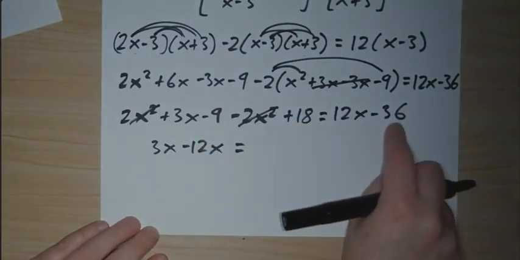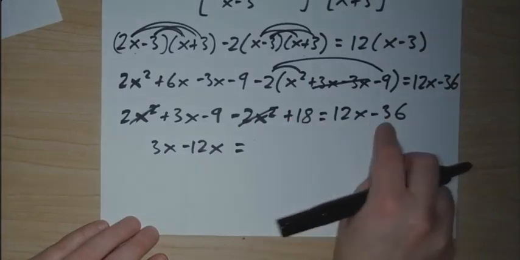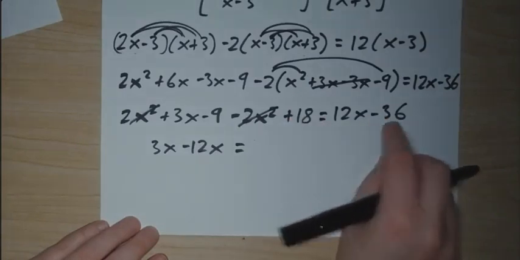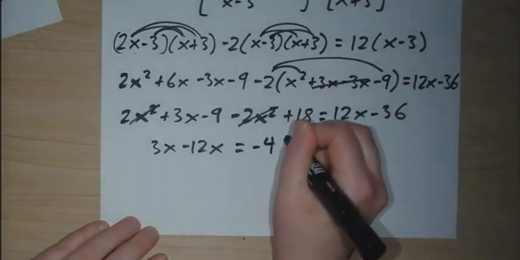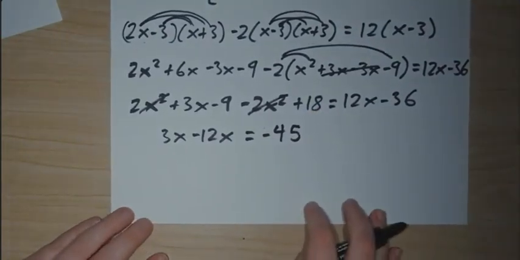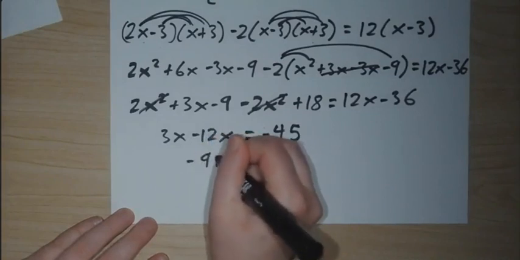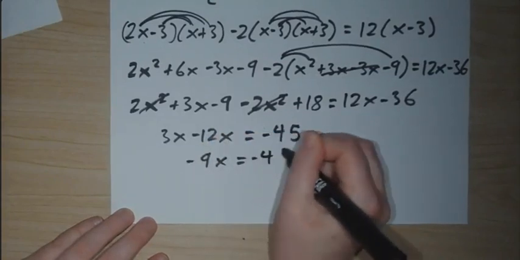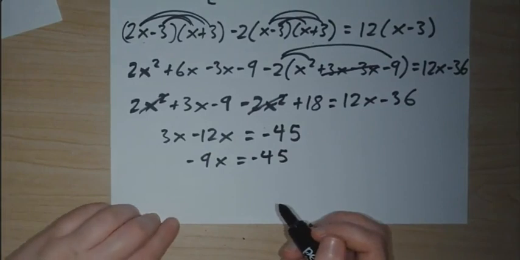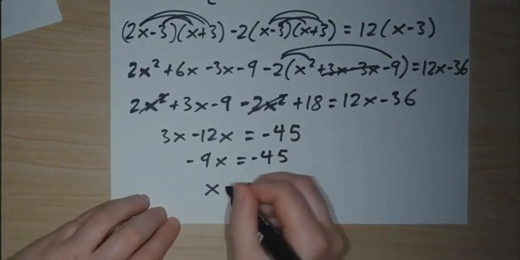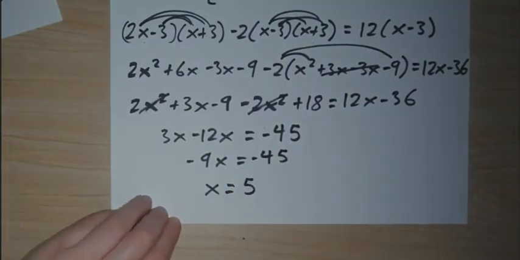So we're going to subtract 9 on each side. So negative 36 minus 9 is negative 45. So 3x minus 12x is negative 9x equals negative 45. Dividing by negative 9 on both sides, we have x is equal to 5.